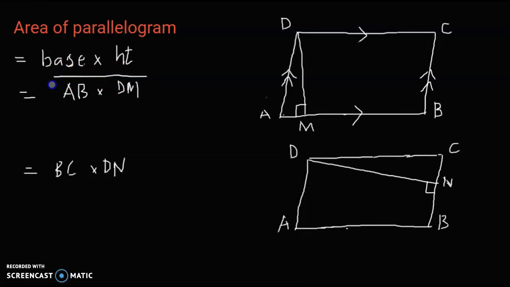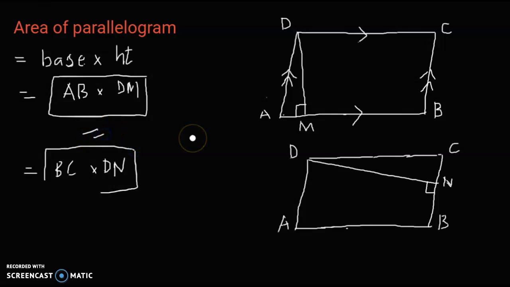But for the same parallelogram ABCD, these are equal. Areas will always be equal for the same parallelogram. From wherever you take the base and wherever you take the altitude or height, they'll remain the same.